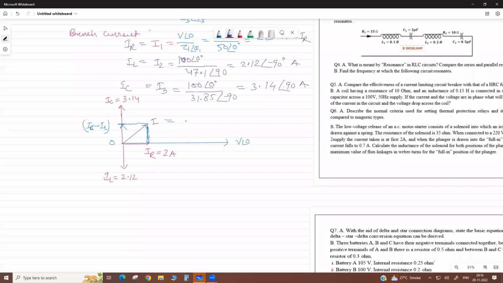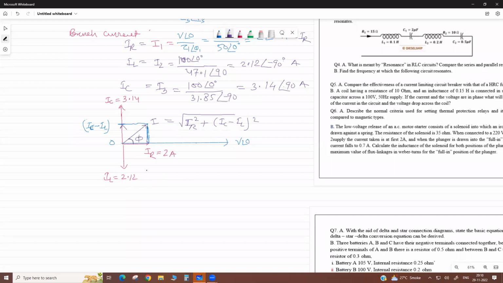Now how do we calculate the total current? It is the vector sum: square root of IR squared plus (IC minus IL) whole squared. You can calculate. And it is leading with this phase angle phi, because this is your voltage, this is your current.